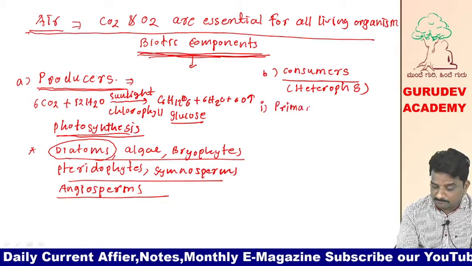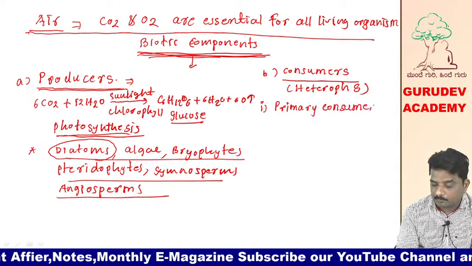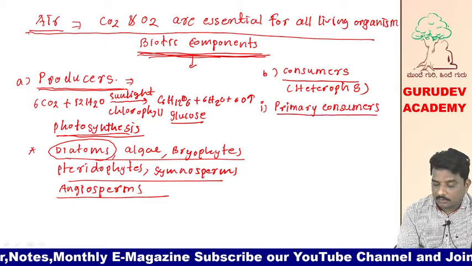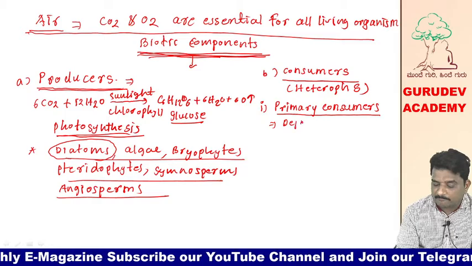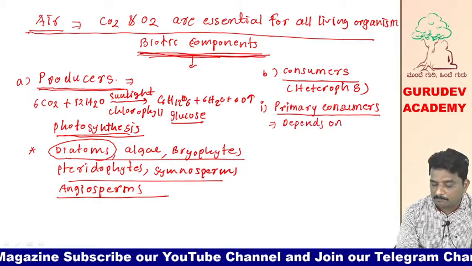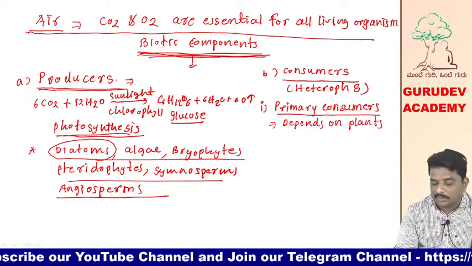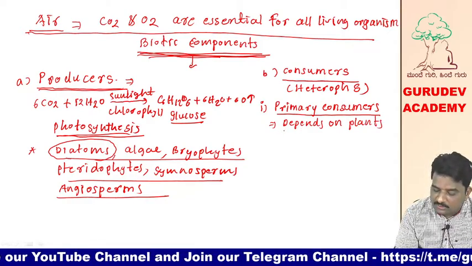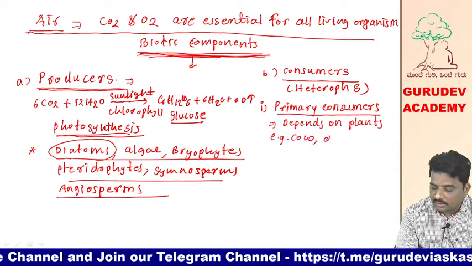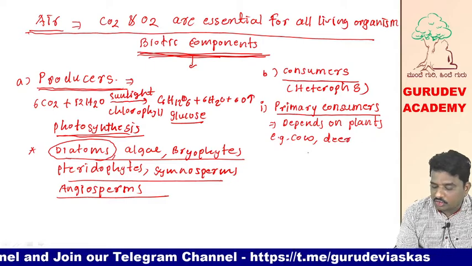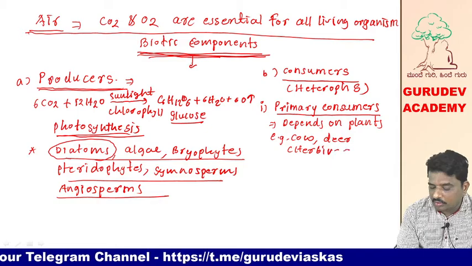Primary consumers depend on plants directly. They are called primary consumers, or herbivores. For example, cow and deer are primary consumers, or herbivores.